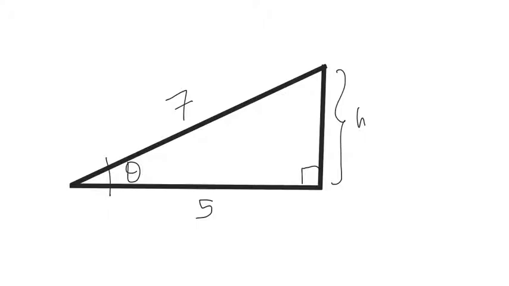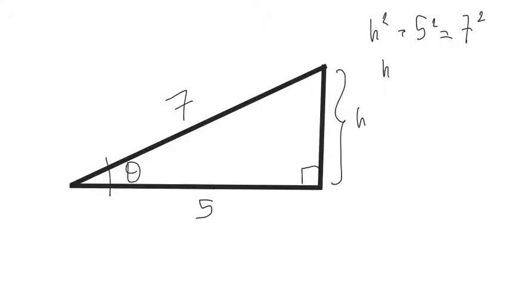Well, there are a couple options. One easy way I suppose would be to use the Pythagorean theorem. You already have the hypotenuse and you have this leg over here. You can use the Pythagorean theorem to get the height. So that might be the most efficient way. In this case you need to remember that h squared plus 5 squared equals 7 squared.